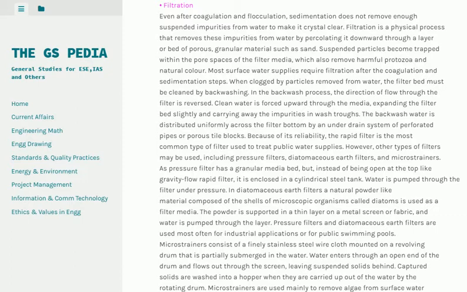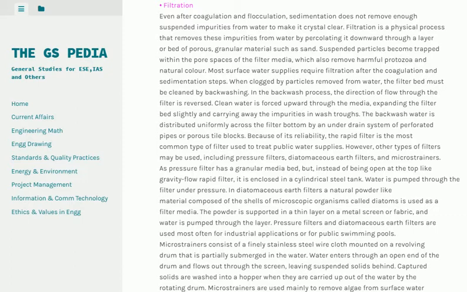Clean water is forced upward through the media, expanding the filter bed slightly and carrying away the impurities in wash troughs. The backwash water is distributed uniformly across the filter bottom by an underdrain system of perforated pipes or porous tile blocks.